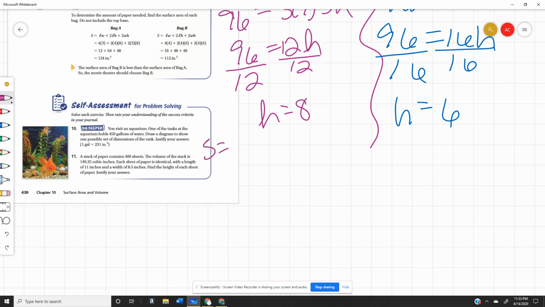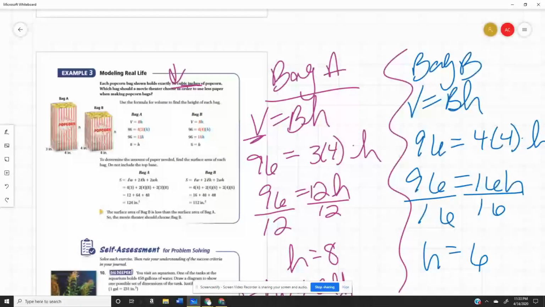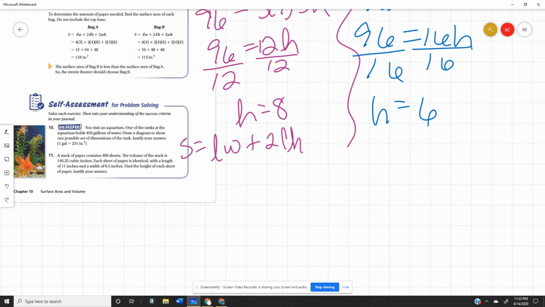So surface area is equal to the length times the width for the base plus 2 times the length times the height for this piece right here. Length times height. And then 2 times the width times the height, which is going to be this piece right here. Plus 2 times the width times the height.